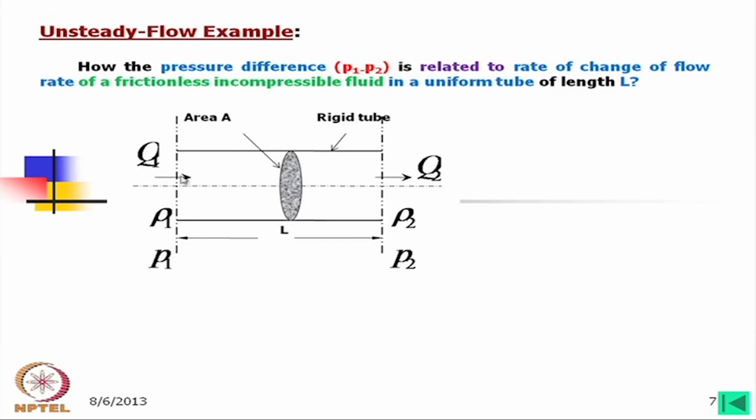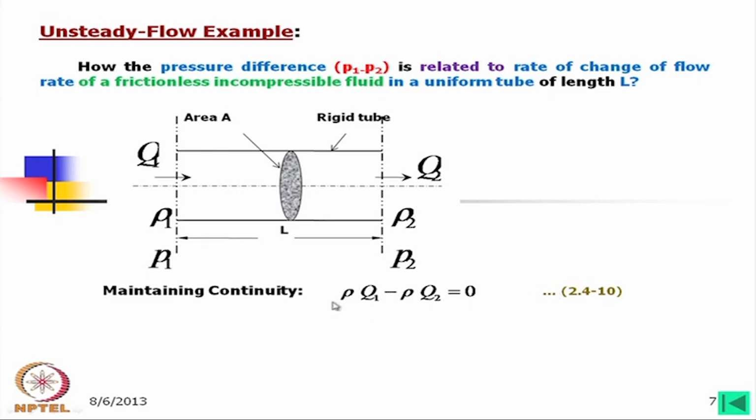Now, flow in is Q1 and flow out is Q2, and for generality we consider that density here was rho 1 and density this side is rho 2, pressure is here P1 and P2. We consider that pressure is changing.